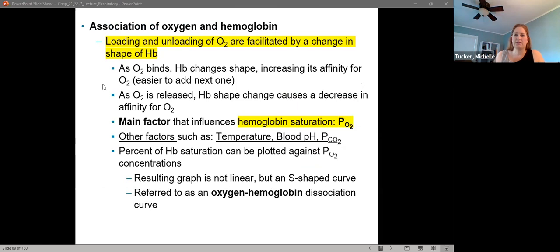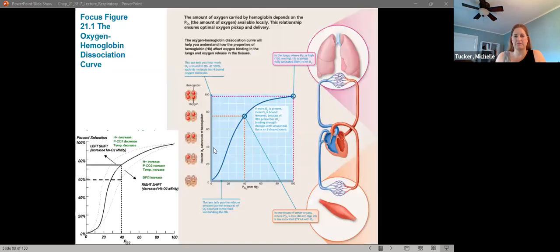Loading and unloading of oxygen are facilitated by a change in shape. As one oxygen binds, the hemoglobin changes shape, increasing its affinity for the next one. Here we have hemoglobin with no oxygen.